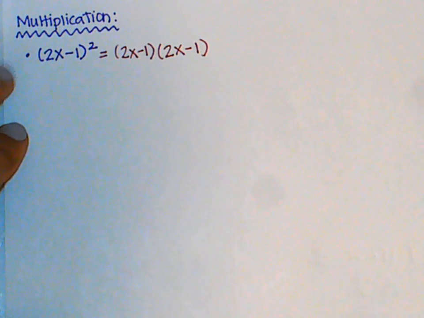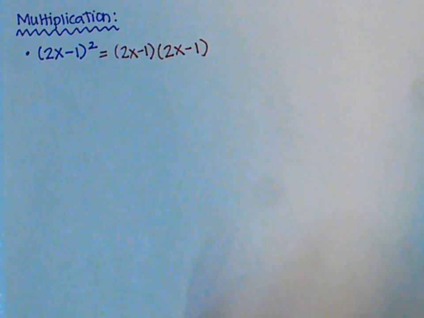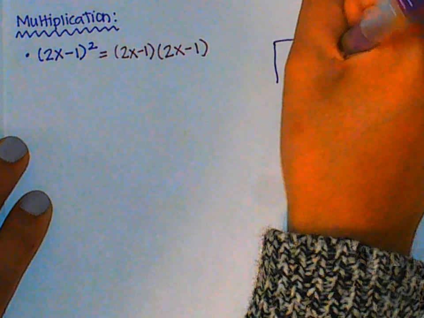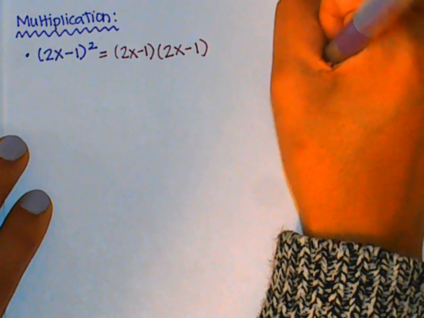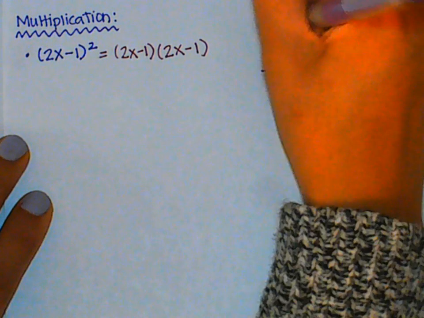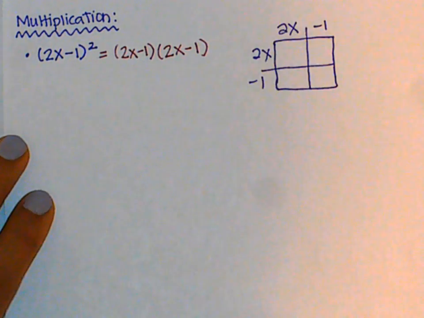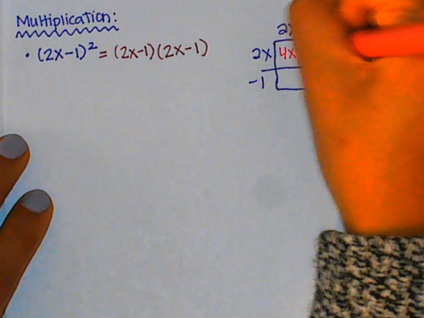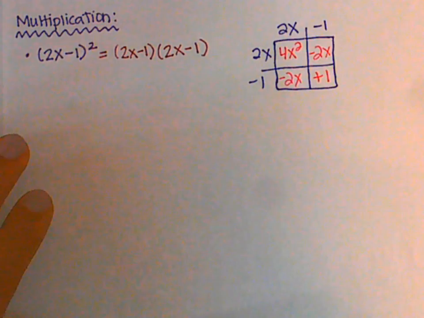And we can use the area model again to solve these, or you can use a different method if you prefer. I'm just going to solve these using area models because that's what I would prefer. Okay, so I get 4x squared minus 2x plus 1.